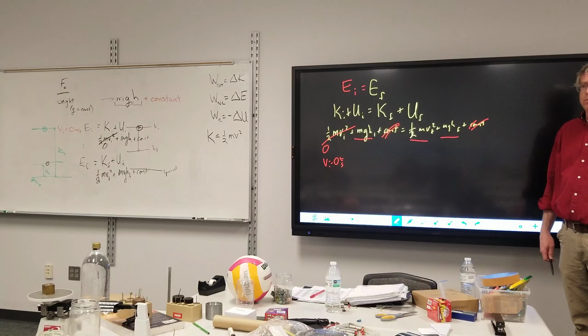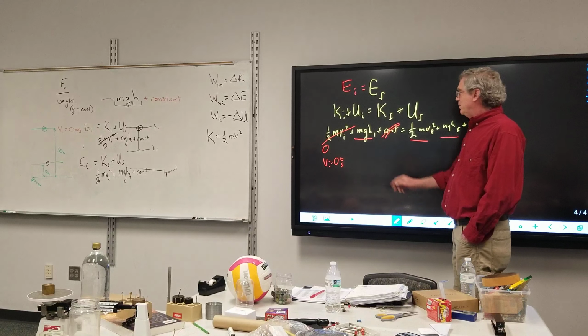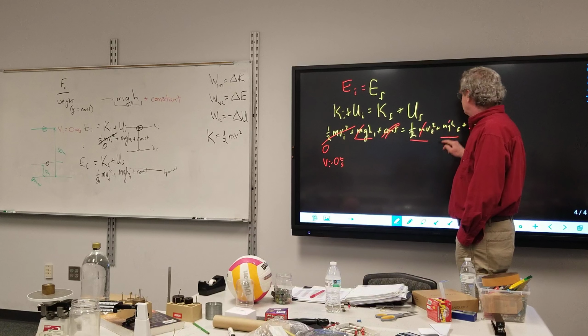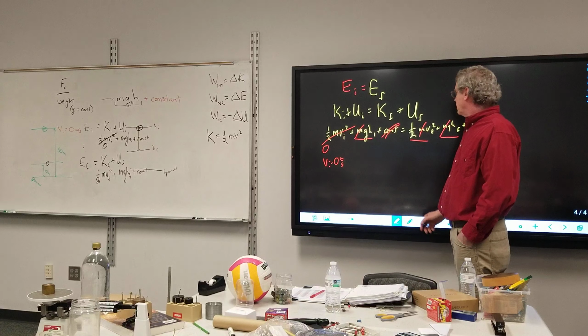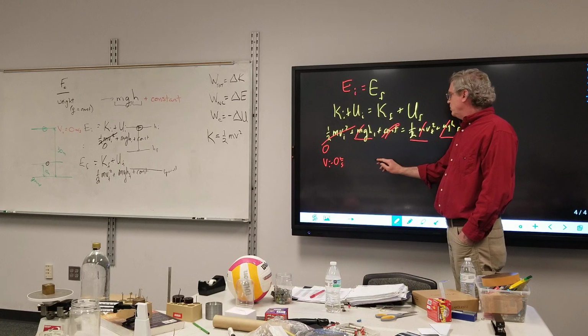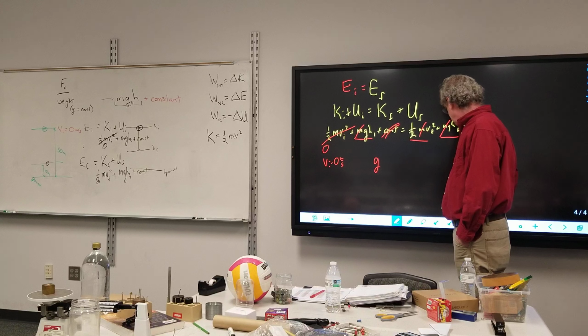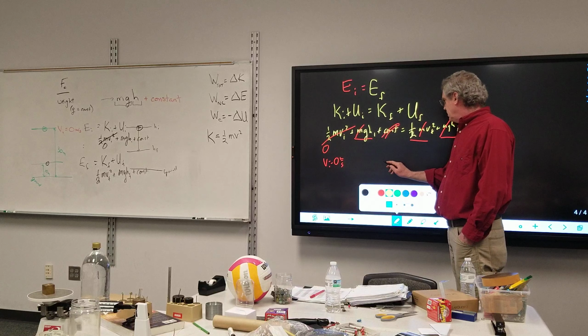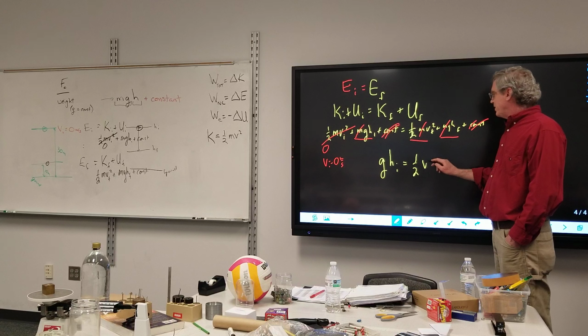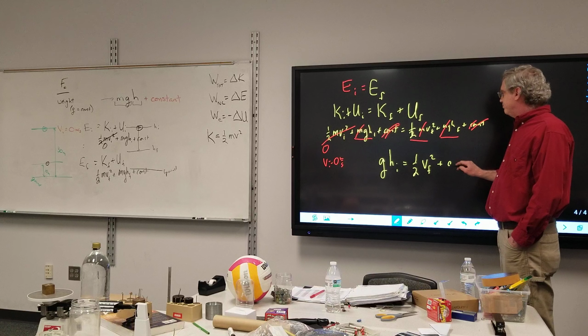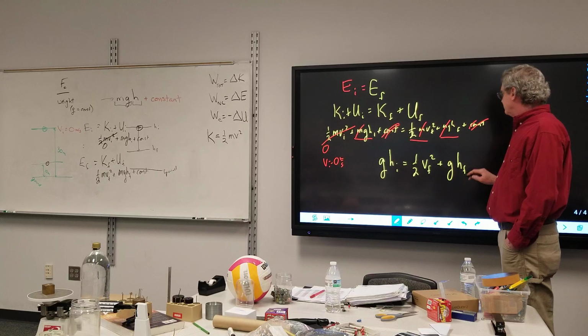But if that bothers you, make up a mass. If I don't give the mass to you, make it up. I would recommend making up something convenient, like 1 kilogram. But the mass doesn't matter, which we've established. If I drop 2 objects of different masses, they'll fall at the same rate. So I've boiled this down to the acceleration due to gravity times the initial height is equal to 1/2 times my final speed squared plus the acceleration due to gravity times my final height.